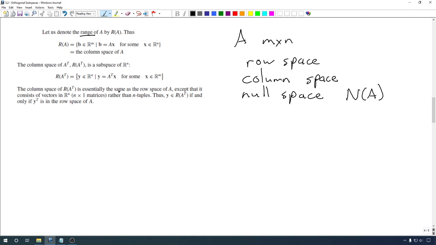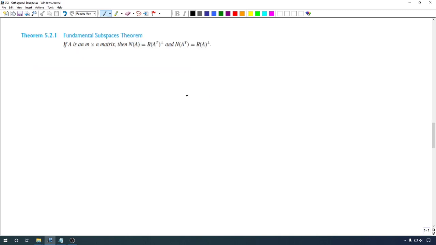This gives us very nice ways of denoting these spaces without having to write row space and column space every time. I'm not sure why they didn't give us these notations back when they first defined the row and column space, but they will be very useful in this section. We'll be using them a lot. In fact, there are relationships between all these spaces.